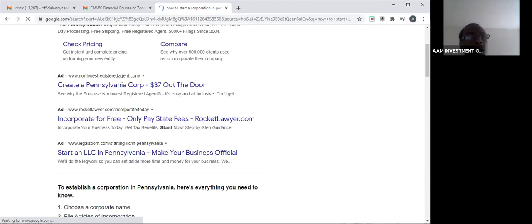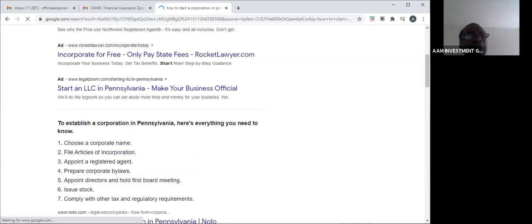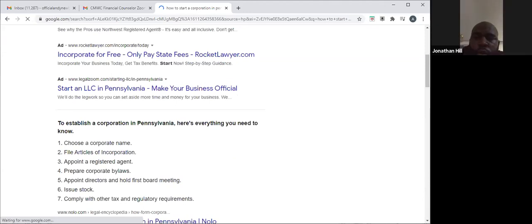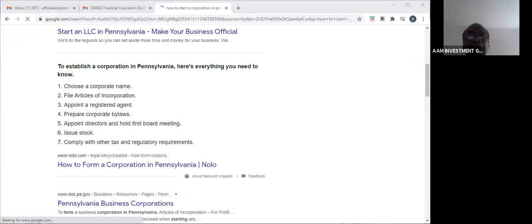So what we want to do is go to this section. You see right here where it says to establish a corporation in Pennsylvania. Here's everything you need to know. Whenever you put in that search, you will always have this page in any state that you put it in for, right?